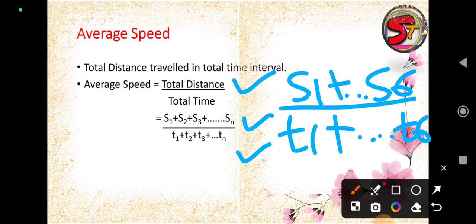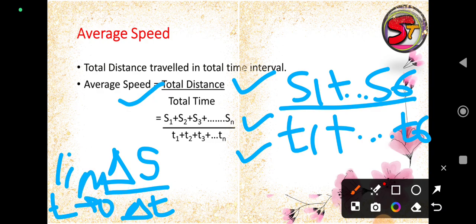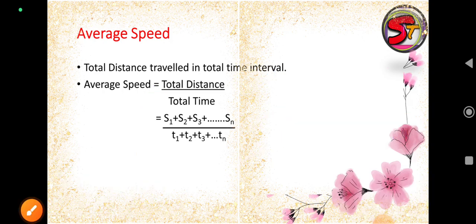So average speed will be equal to total distance travelled by the object or the person divided by total time taken. Got it? This is also denoted by delta S by delta T, total distance traveled, where the limit of t tends to 0, which is not equal to 0, but it is going to be 0. This is also called average speed.